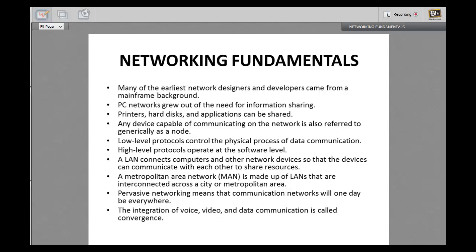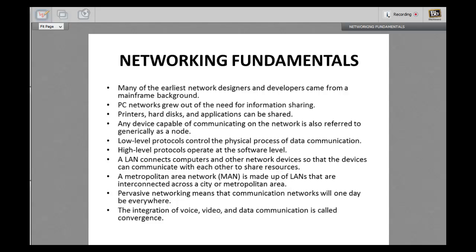So these are the main points in each chapter. In the first chapter we had the networking fundamentals, in which we have a story about the network and what a network is.